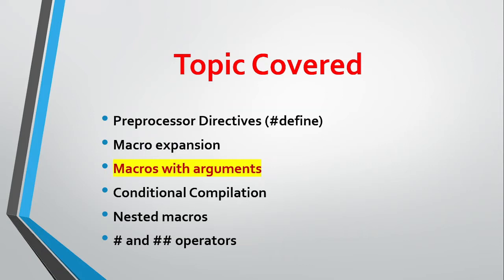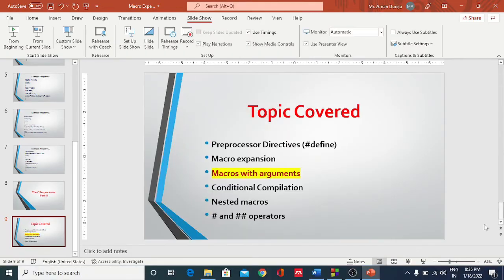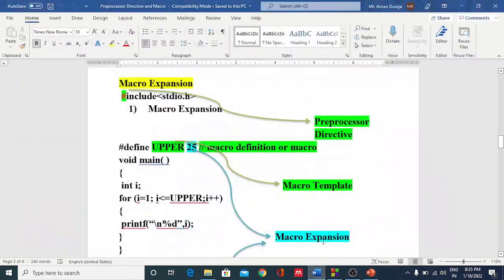Before moving on to this topic, I want to revisit something from the previous part related to macros. Students, in the last video we discussed how we can define macros, what preprocessor directives are, and how macros replace the macro definition.